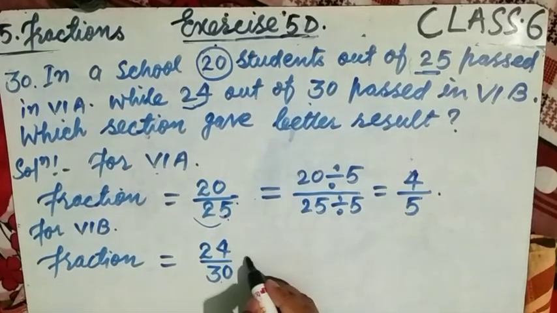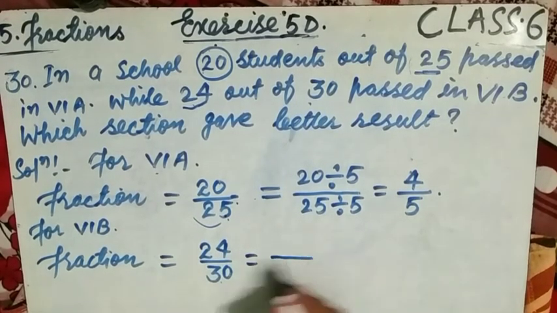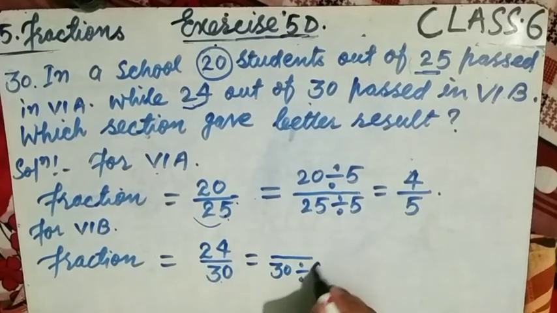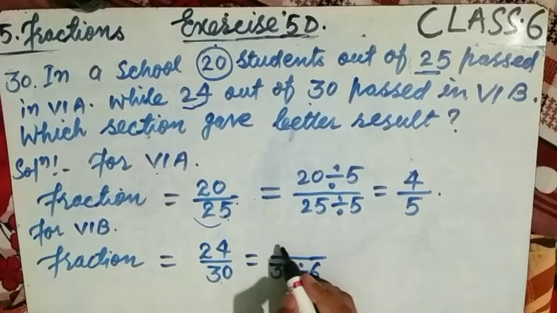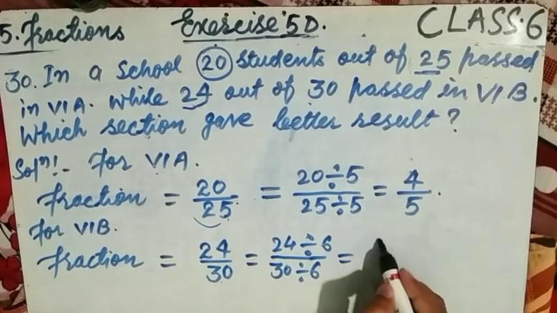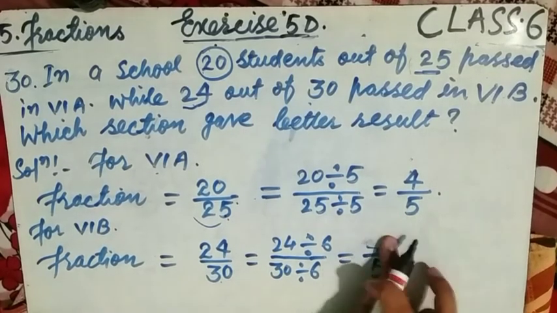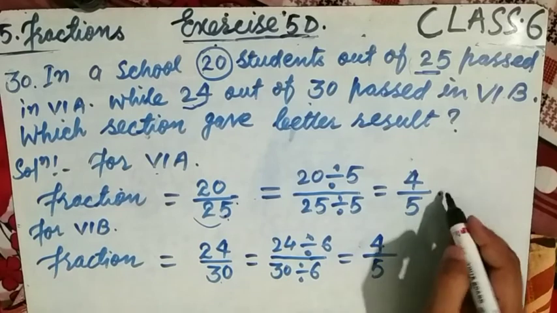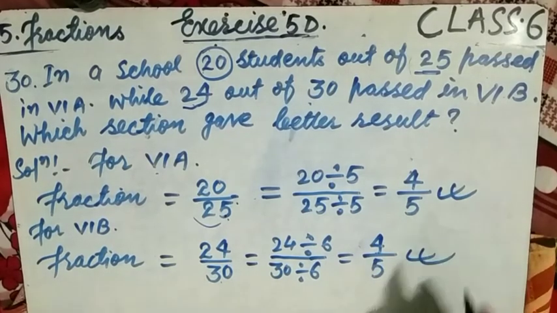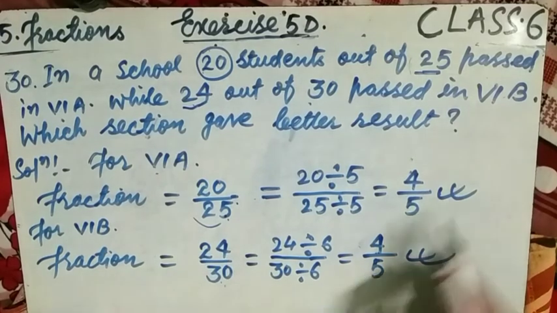Now similarly we can do it for 24 by 30. The HCF of 24 and 30 is 6, so 30 is divided by 6 and 24 is also divided by 6. 6 fours are 24 and 6 fives are 30. Here have a look friends, the result of this fraction is the same as this one.